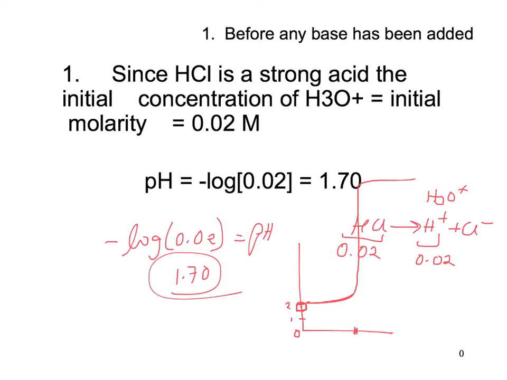But we do need to begin at a pH of 1.70, and as we add sodium hydroxide at any step before the equivalence point, so all of maybe these regions, this is the point of time where the equivalence point has not been reached, and that would mean that the pH would continue to rise unless it's ready to hit the point of inflection.